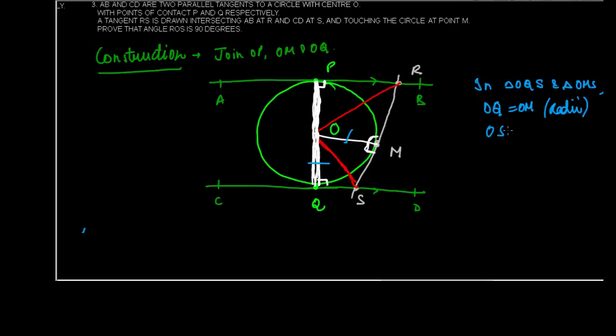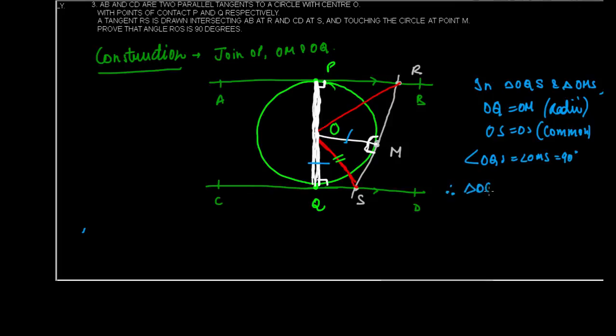Then OS equal to OS, again a common side. And the last thing is angle OQS is equal to angle OMS equal to 90 degrees. As I've explained to you, radius perpendicular to tangent, so they're both going to be 90.